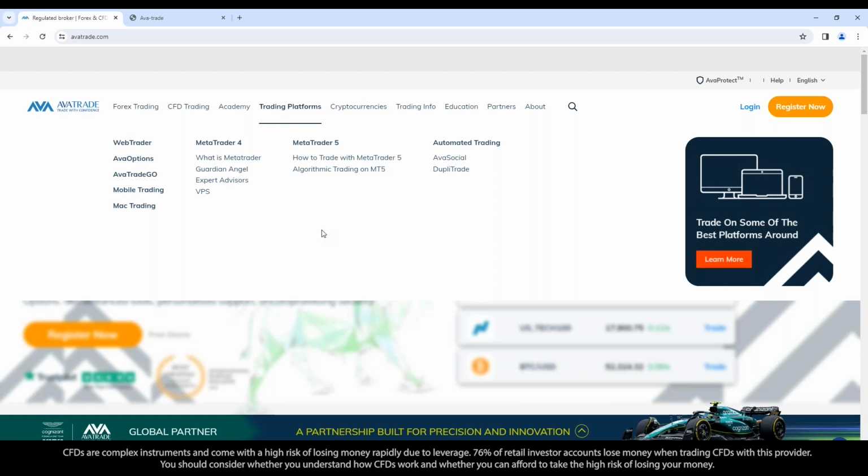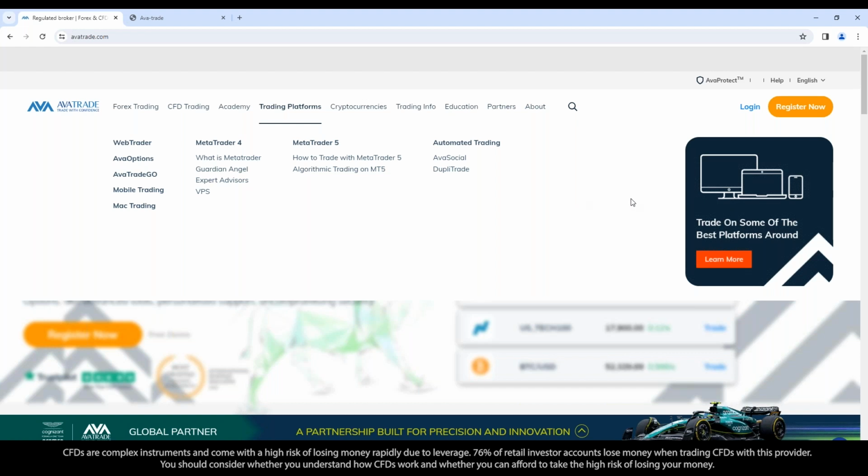Now, you can use our mobile app, AvaTrade Go, and it has all of the same tools that we're about to use in the web trader. So just so you're aware, AvaTrade Go has the free signals, the market buzz, all of the tools that we're about to use, the advanced economic calendar, etc. So you don't have to be on a PC or a laptop to make use of these tools, although that's what we're doing now.